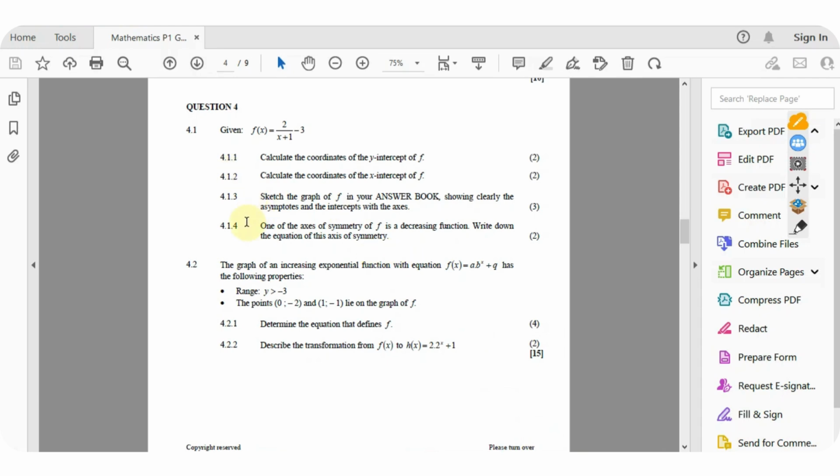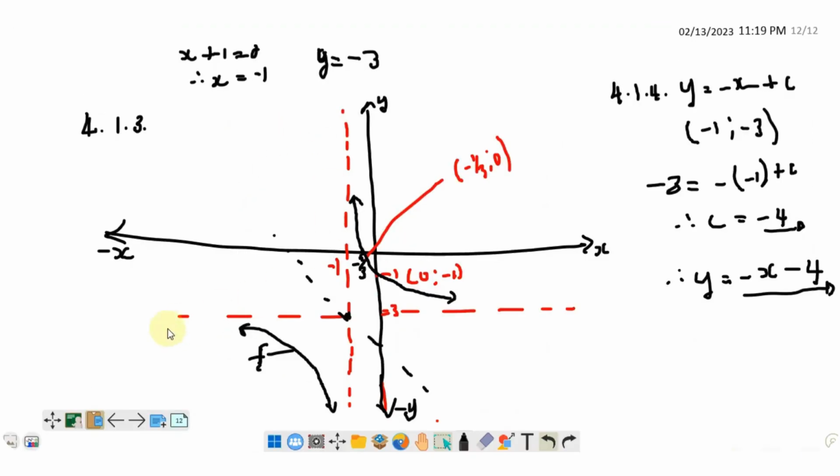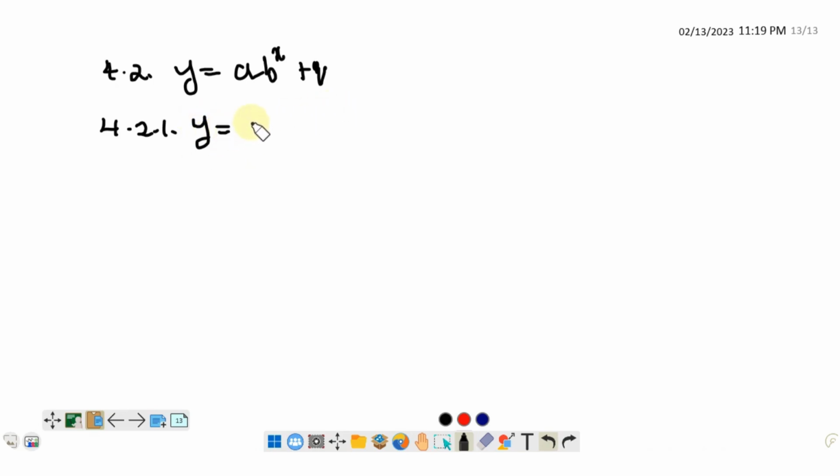So let us write the equation. y is equal to ab^x + q. For 4.2.1, I will say y is equal to ab to the power x minus 3.